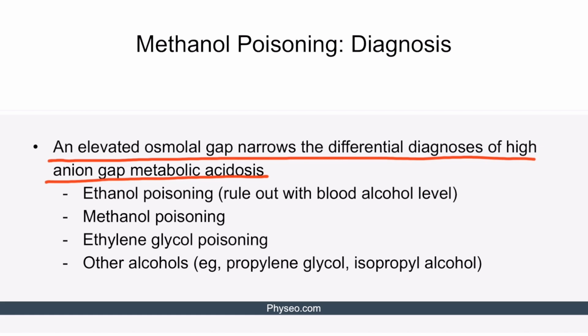To determine which substance is the cause, the clinician should consider the patient's history and symptoms. Each of these types of alcohols will cause a unique set of findings that we will discuss in further detail later in this lecture. To illustrate this, let's imagine that the lab measures the patient's plasma osmolality and finds it to be 300 milliosmoles per kilogram. But then we calculate the plasma osmolality by factoring in the patient's sodium, glucose, and BUN.